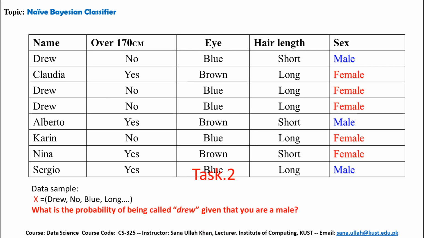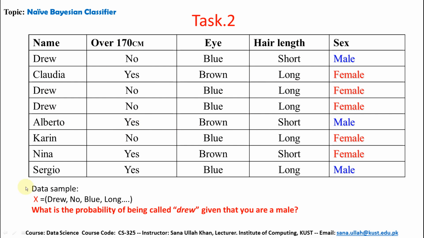Another task, dear students, please try to solve this task using this data set. These are the features: name, over 170 cm, eye, and hair length, and sex. This is the classification to classify whether the person is male or female having these attributes.